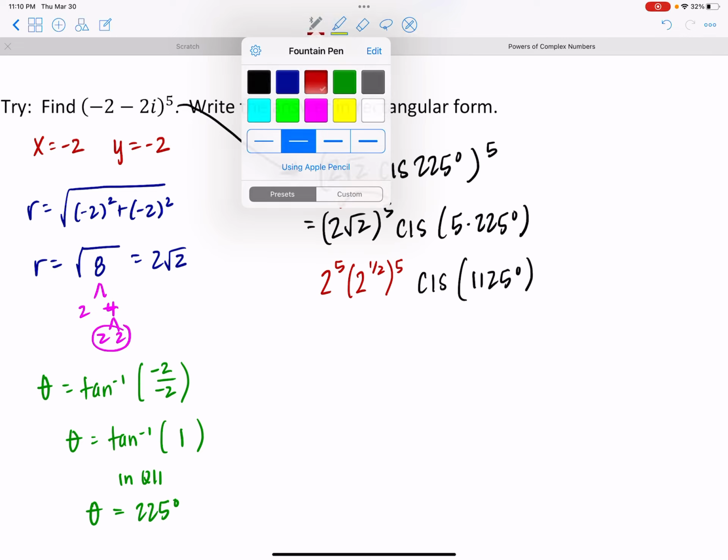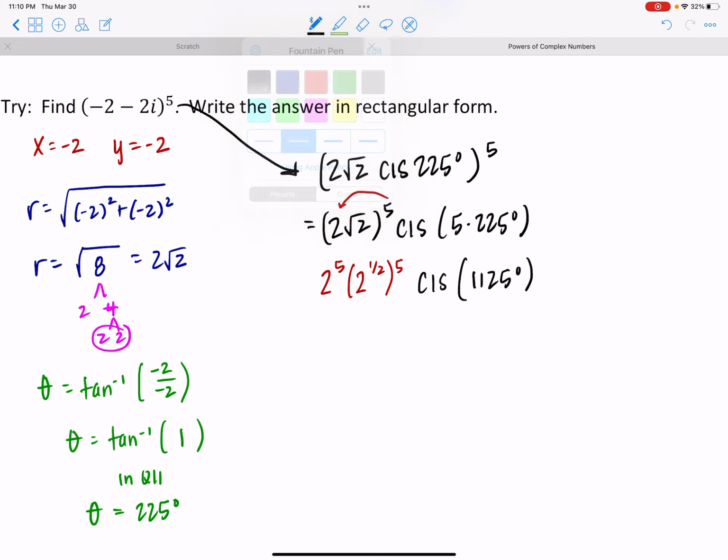Alright, let's keep going. So 2 to the 5th is going to be 32. And then this becomes 2 to the 5 halves power. That's the square root of 2 to the 5th, the square root of 32. Not really helpful. Maybe it's just going to work out. I'm racking my brain here because I'm like, why does this look so bad?